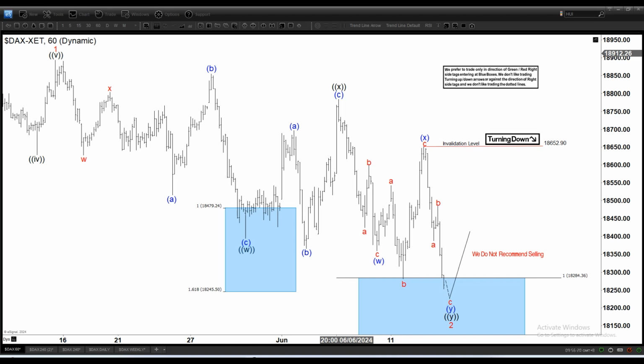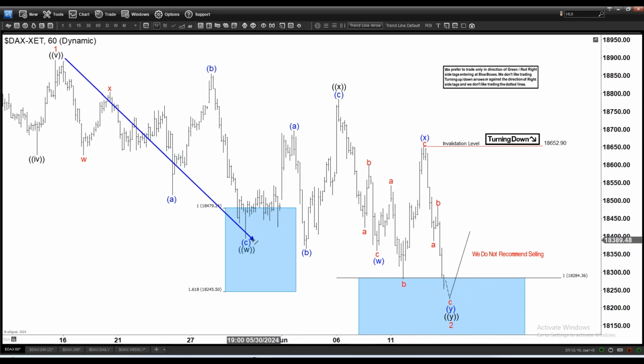Now, the DAX, in fact, has been selling off earlier today, and you can see the structure here. Looking at the structure, I can come up with a couple of different possibilities, guys, right? But this is one of the views, the primary view we are showing, which is that the structure of the pullback is in the form of WXY, right?